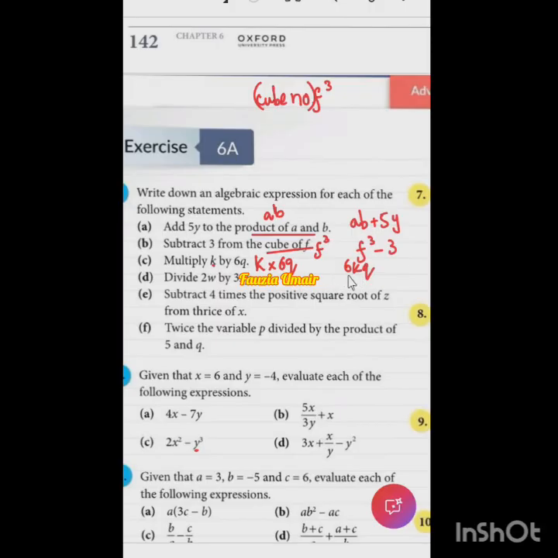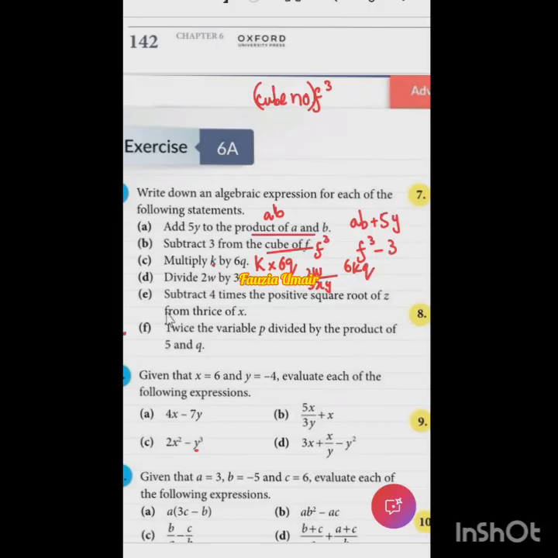So it will be 6kq. All right. Now divide 2w by 3xy. What will come in the numerator? 2w. And in the denominator, it will be 3xy. Very good.